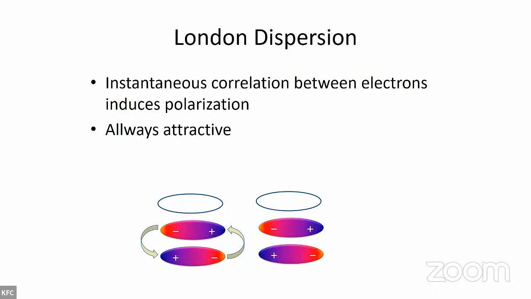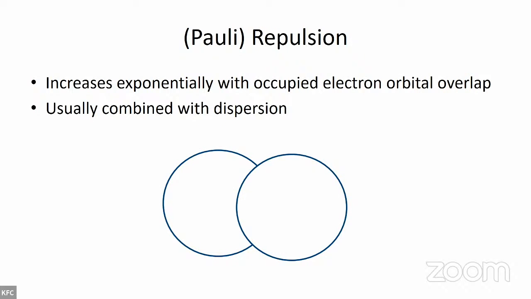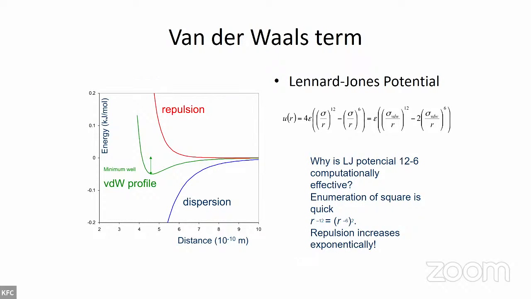And here is just a depiction of how London dispersion can look. About Pauli I've already spoken, and this is how the Lennard-Jones potential is basically made: you take the dispersion and repulsion together, and you get this minimum well, which is basically the size of the individual atom.